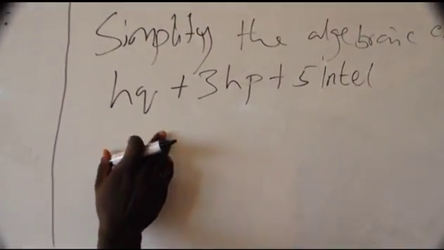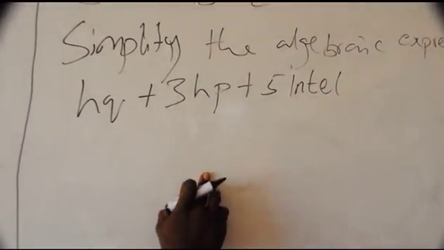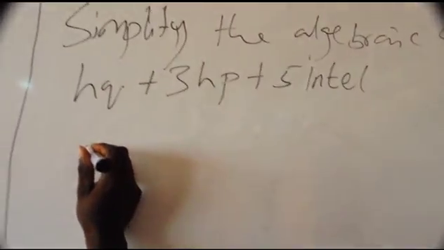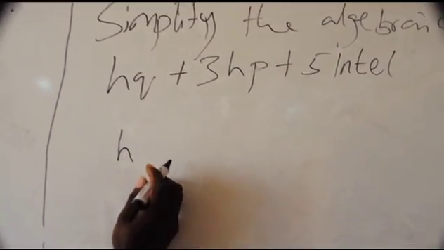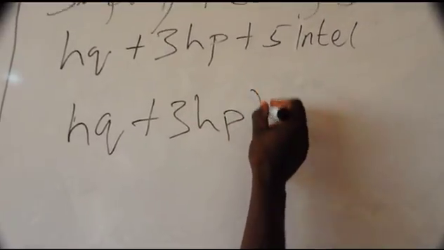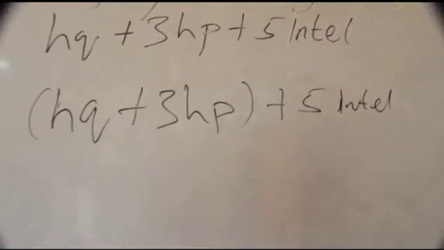So here we notice that in these 3 expressions we have H here and H here, and there is no similar term here. So what we do is bring out the common term. We factor it out to be H, so we have H, then in brackets Q plus 3P.